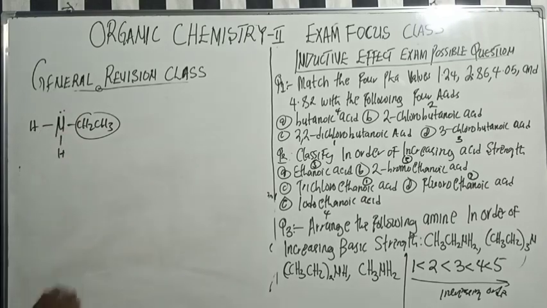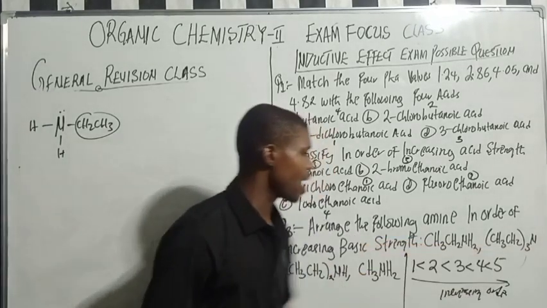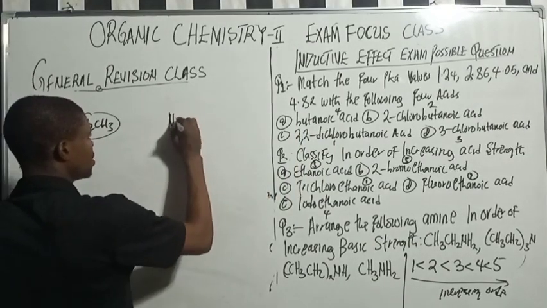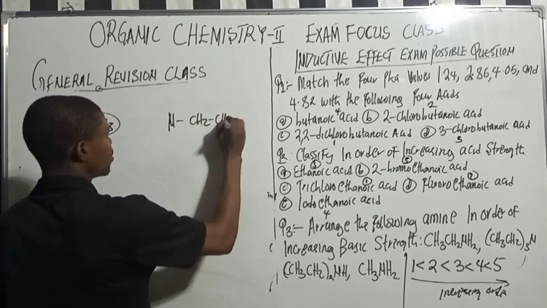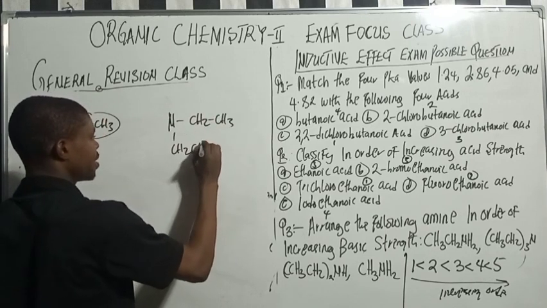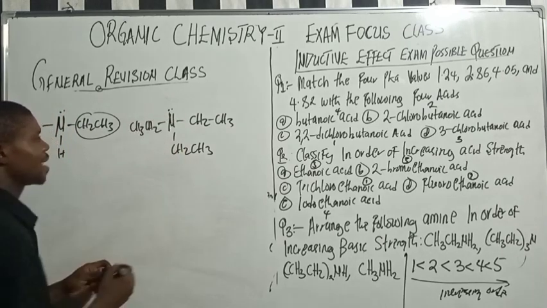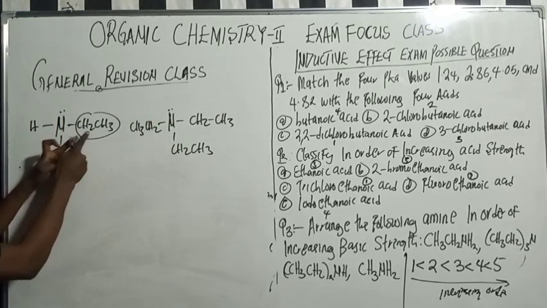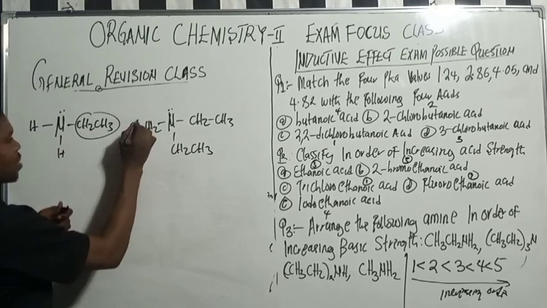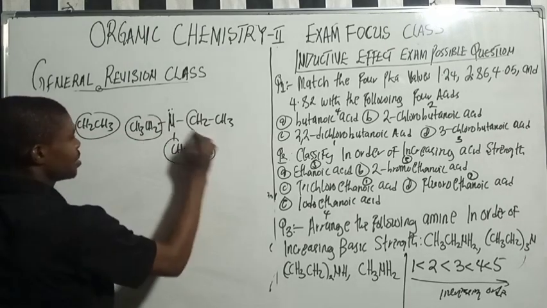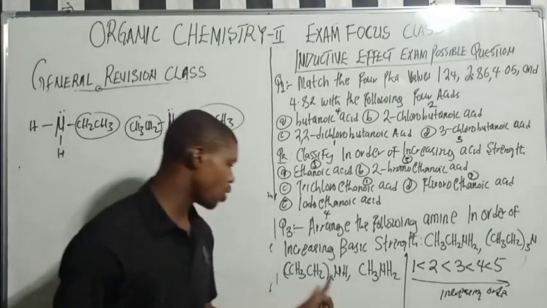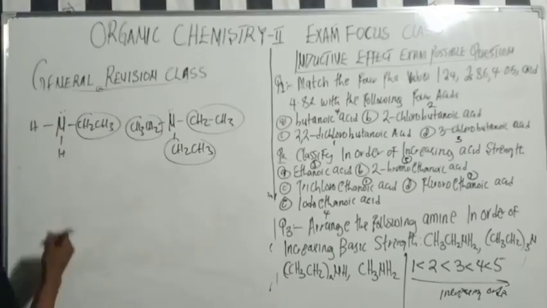They have a pair of electrons to donate here. Here we have three of them: nitrogen, CH2CH3, CH2CH3, and CH2CH3. Now this one is having one methyl, one ethyl. This one is having three ethyl.